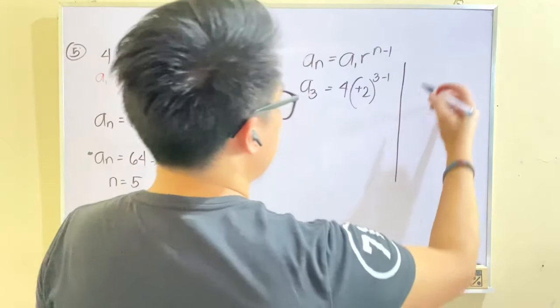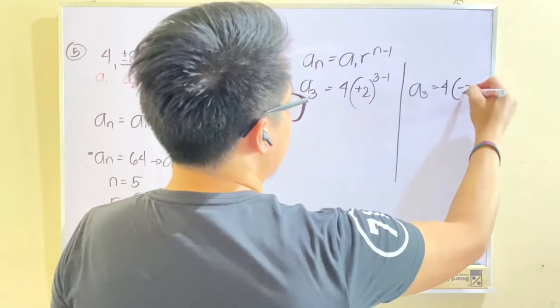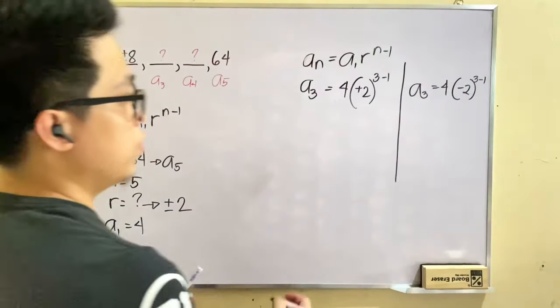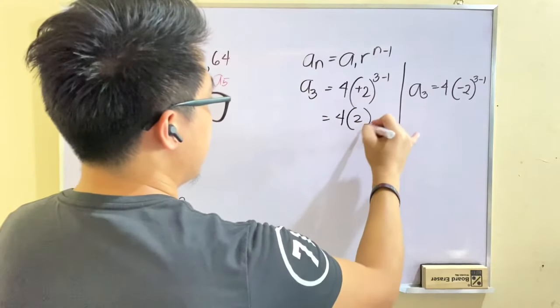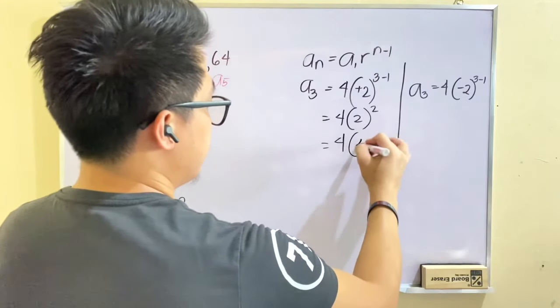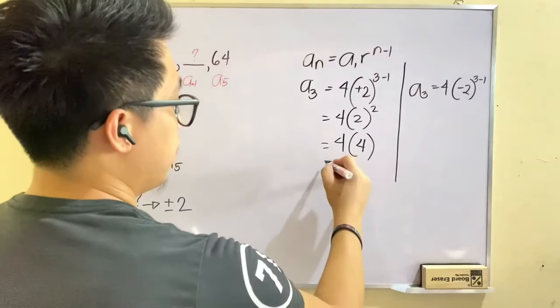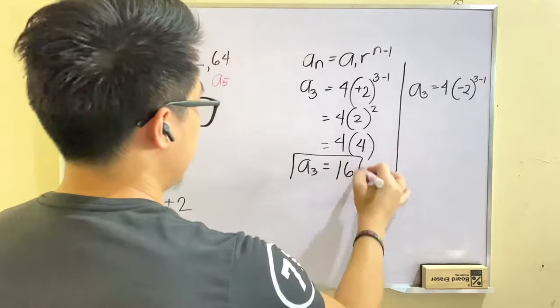And meron pang isang condition dito, which is a sub 3 is equals to 4 times negative 2 raised to 3 minus 1. 4 times 2 raised to 2. So, ilan siya? 2 raised to 2 is 4. 4 times 4 is 16. Therefore, a sub 3 is 16.